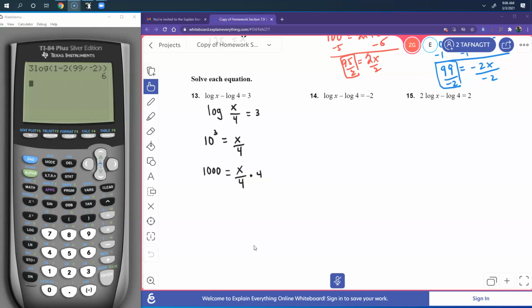Multiply by 4. So you have x equals 4,000. So let's go to our original problem. So we have the log of 4,000 minus the log of 4. And we get 3. That does check.